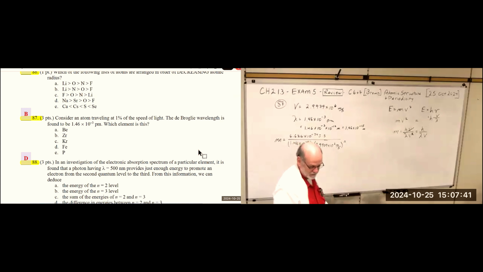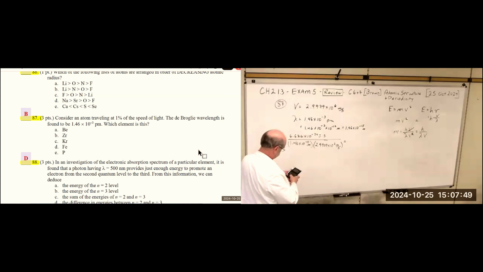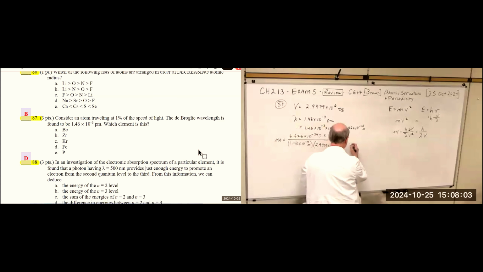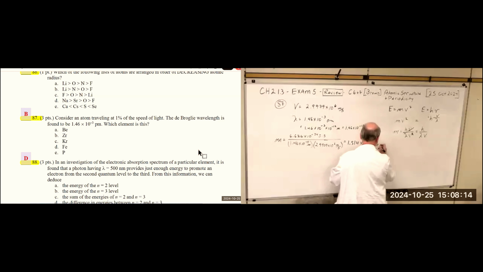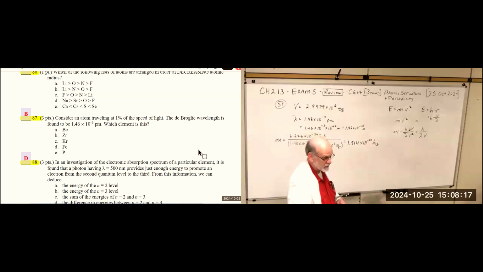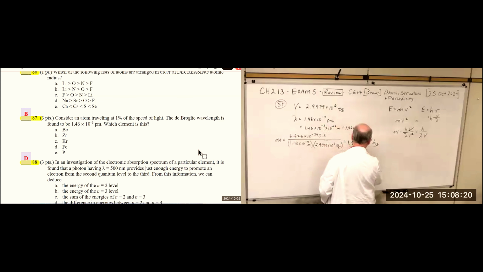So that's the mass of one atom. So I guess 1.5164 times 10 to the minus 25 kilograms. Right, this is SI units, so that has to be in kilograms per atom.